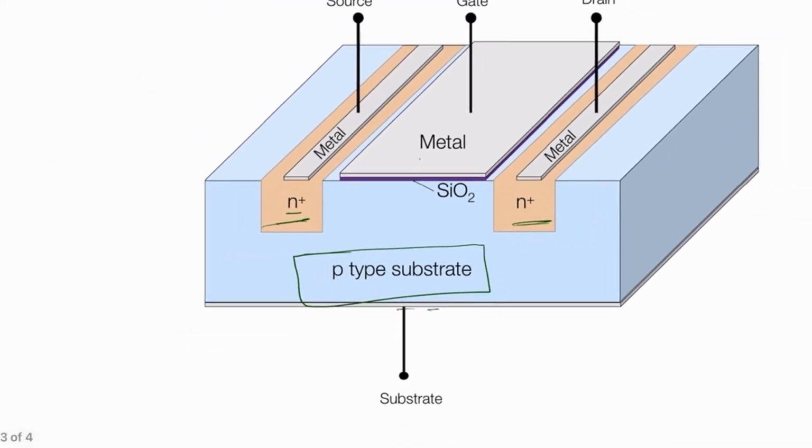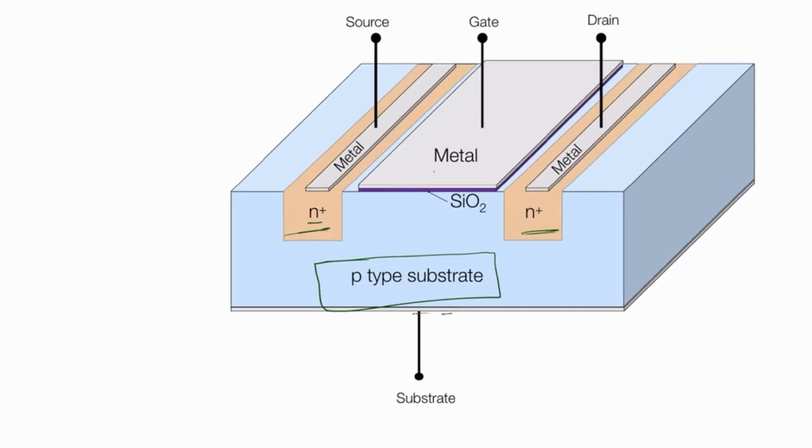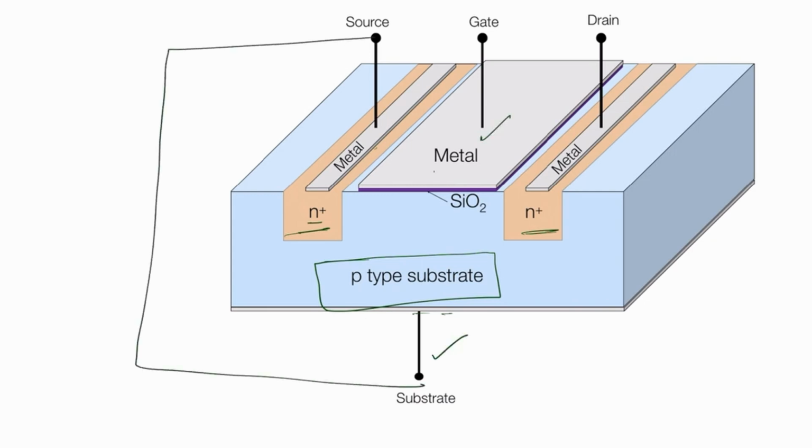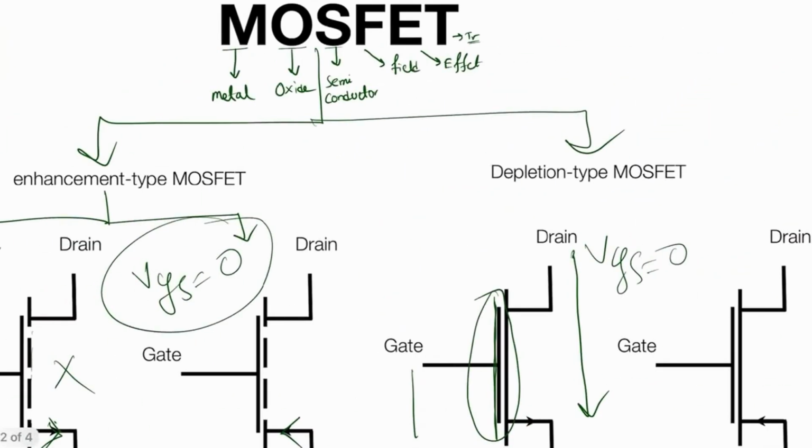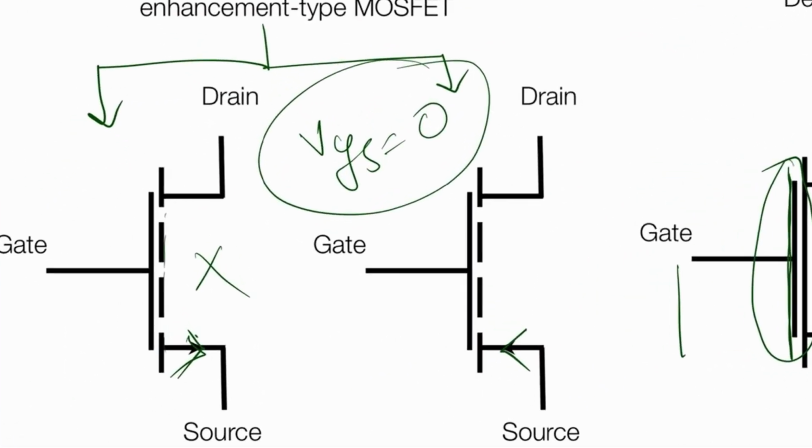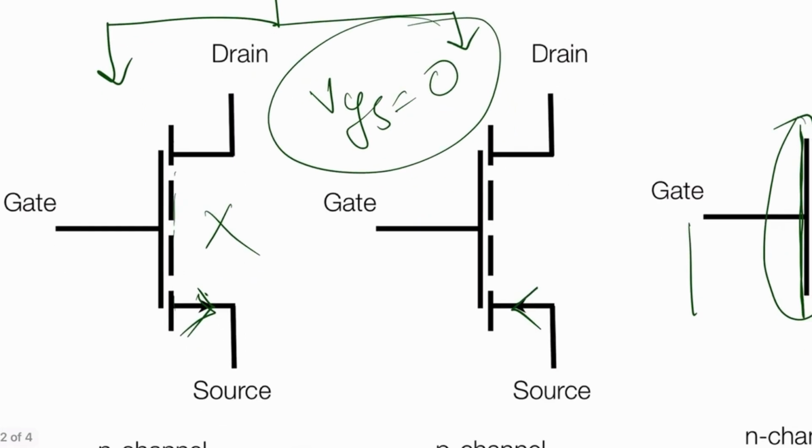Now you can see the terminals. Generally a MOSFET is a four-terminal device. This is the source, this is the drain, this part is the gate, and this part is the substrate. Source and substrate are commonly grounded together. That's why in this slide I show only three terminals: drain, gate and source.